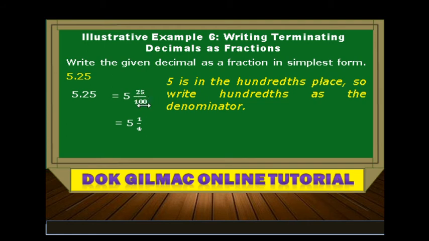Okay, 25 times 1 and 25 times 4, cancel 25, so we have 5 and 1/4. So take note, 5.25 is just equivalent to 5 and 1/4 fraction in simplest form.